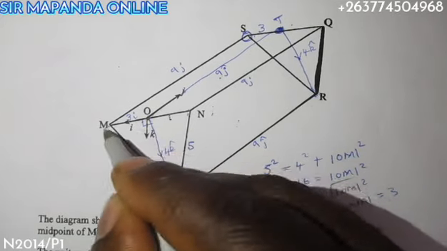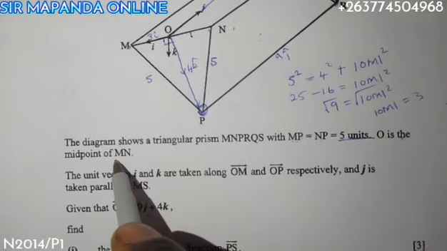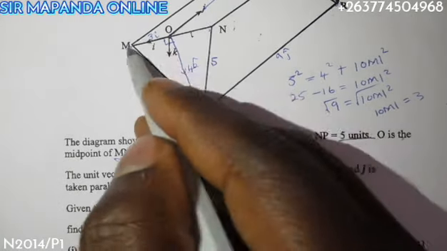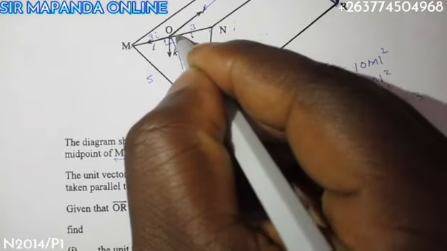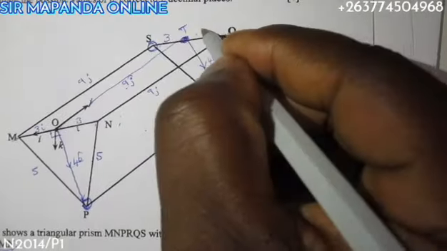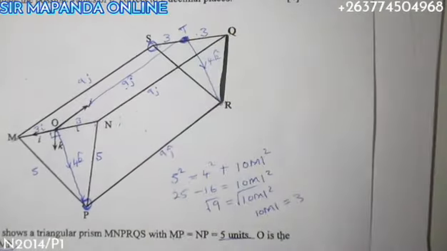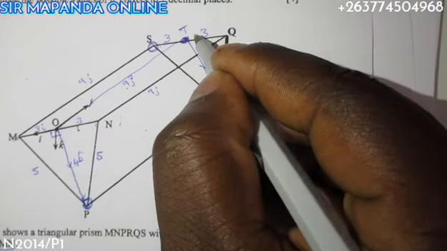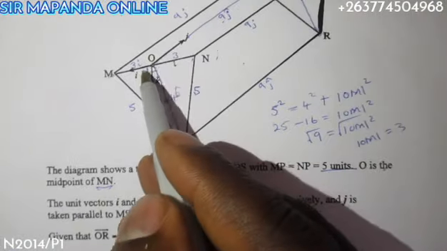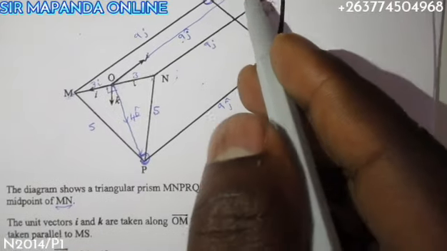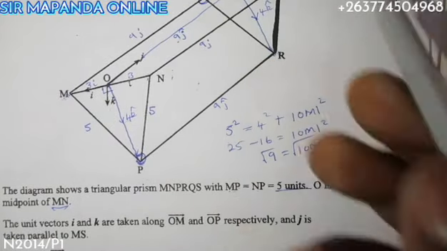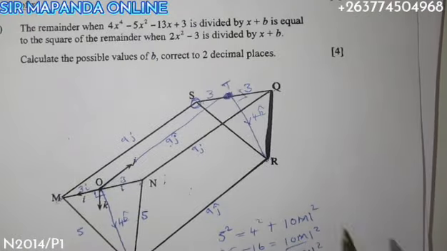Then TQ, since we now know that this is 3 here, it simply means that O was the midpoint of MN as mentioned by the question. So if you have 3 on OM, you have 3 on ON, which is also 3 on TQ. But for TQ, you are now moving opposing the i direction. So instead of saying 3i, you say minus 3i for TQ.